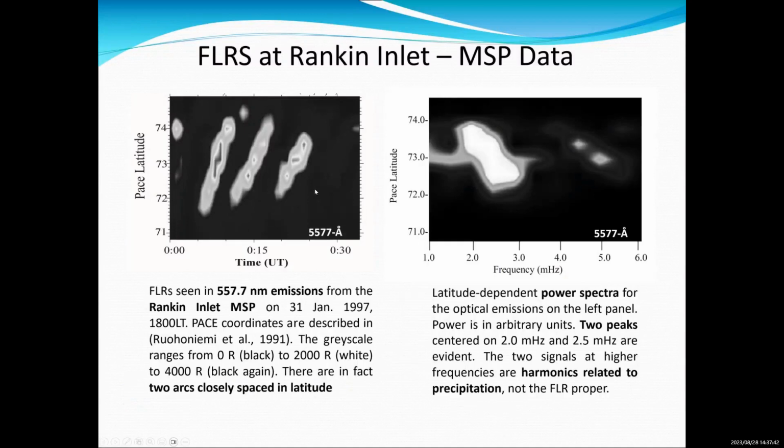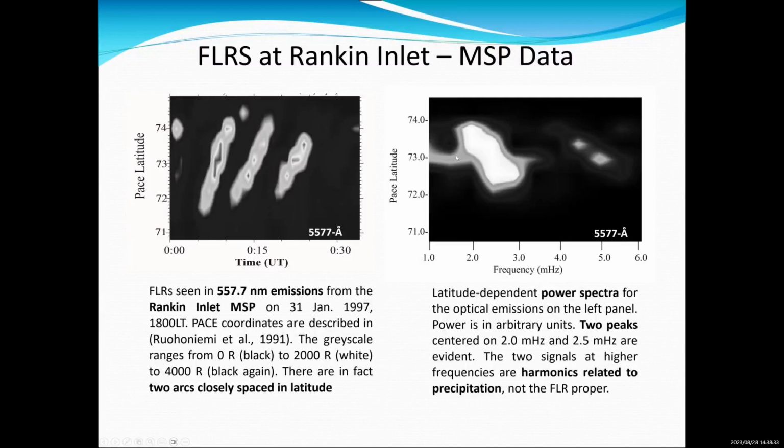In this case, we have a meridian scanning photometer at Rankin Inlet, and it's sampling emissions from precipitating electrons that are exciting the 5577 angstroms line. You can see this pattern that you saw in the earlier all-sky imager data, this tilting pattern of the emissions, which in this case are produced by energetic electrons.